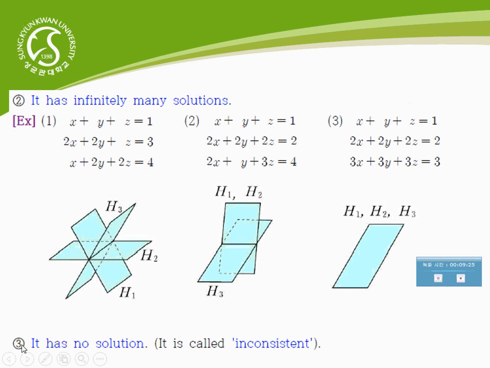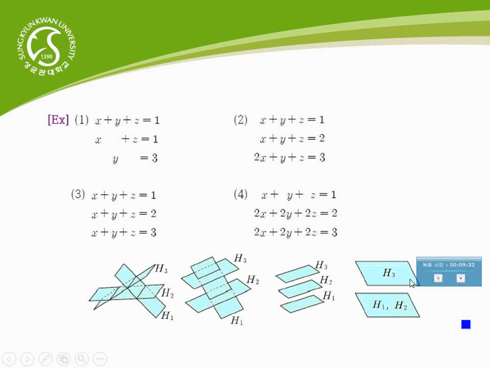And the other, third case, which is called inconsistent, has no solutions, and can be found this way. This example shows that if these planes are parallel and do not meet at any point, then what this means is there is no point that satisfies these equations. This also means there is no point on all three planes.